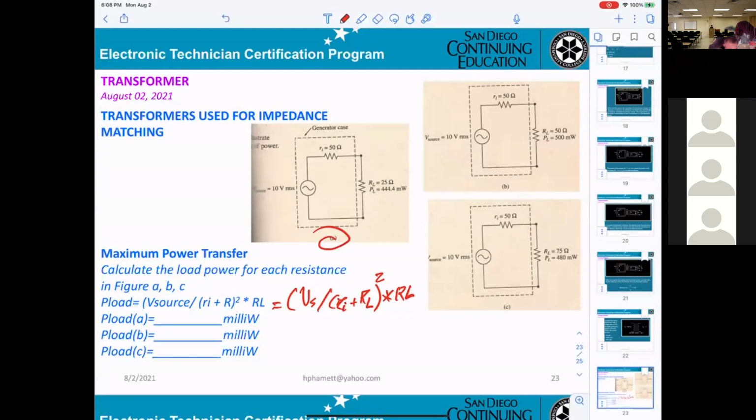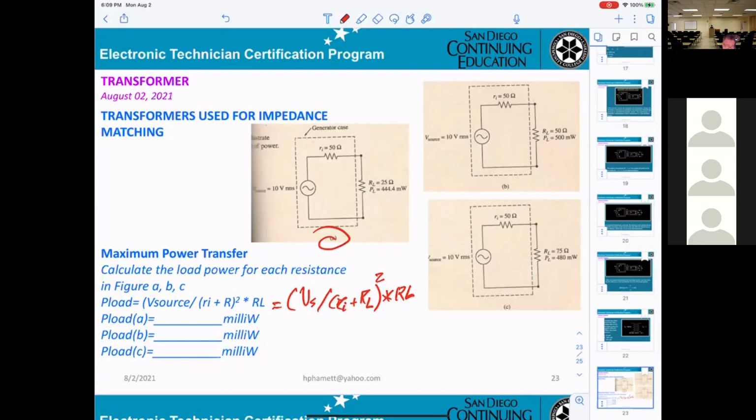I'll try that again. 50 plus 25 is 75. 75 squared is 5625, times 25. It's 75 squared times 25.